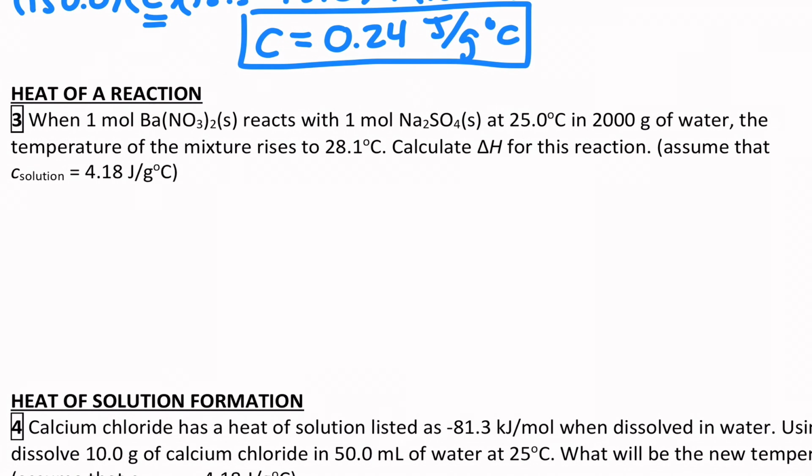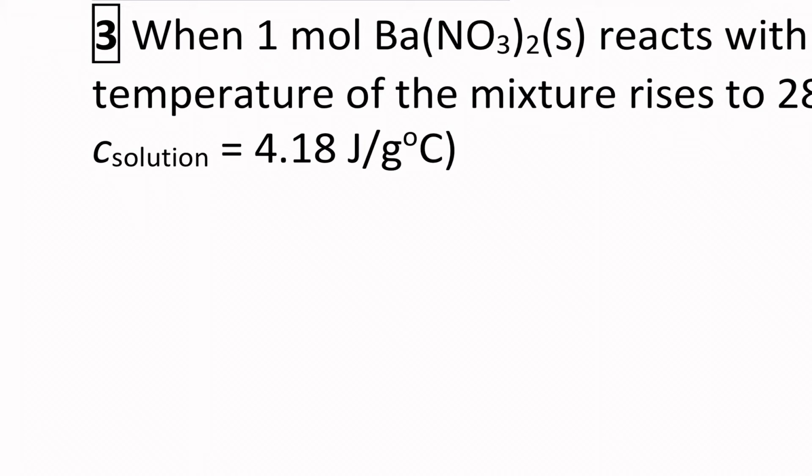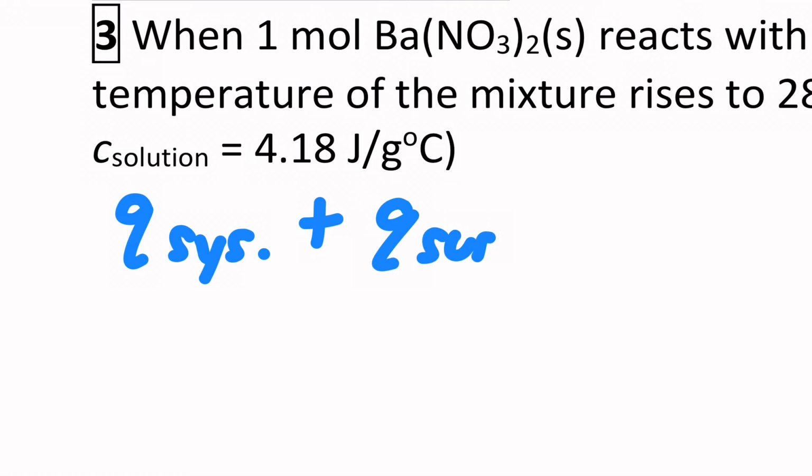Let's say we do a precipitation reaction of barium and sulfate in some amount of water, and I want to know what its change in energy is, or its change in enthalpy. So I use the same starting equation, Q system plus Q surroundings is equal to 0.